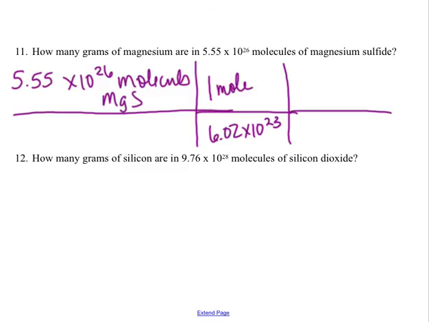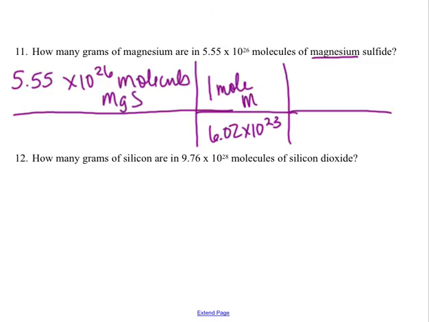I want just grams of magnesium. How many grams of magnesium alone, right? If I were to go from moles to grams straight, it would be to grams of magnesium sulfide, which I could then subtract Mg from, but to me that's messy, right?